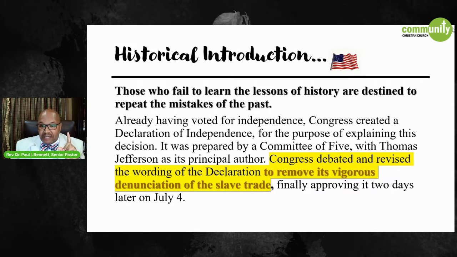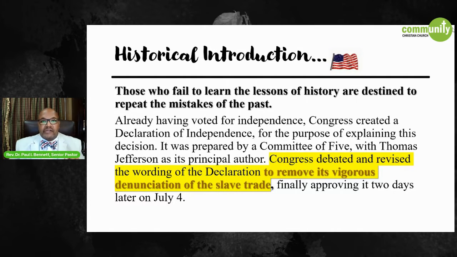Congress debated, listen now, and revised the words of the Declaration to remove its vigorous denunciation of the slave trade. That was in 1776. So they knew slavery was wrong in 1776.